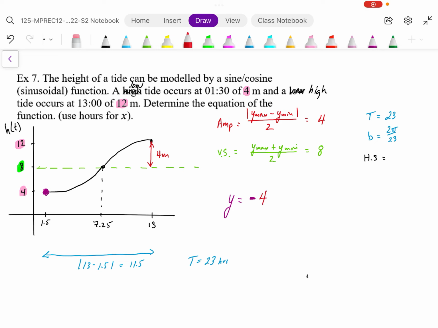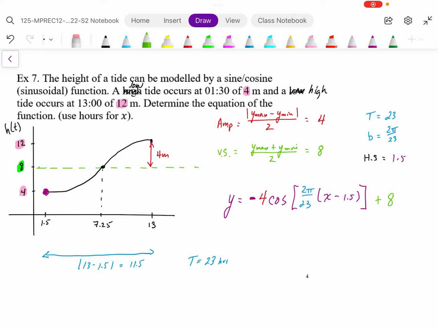So 4 cosine, the b value is going to be 2 pi over 23. My horizontal shift in this case is going to be at 1.5, so it's going to be x minus 1.5 hours, and then the vertical shift is going to be plus 8. Okay, so that represents the starting point at the bottom.